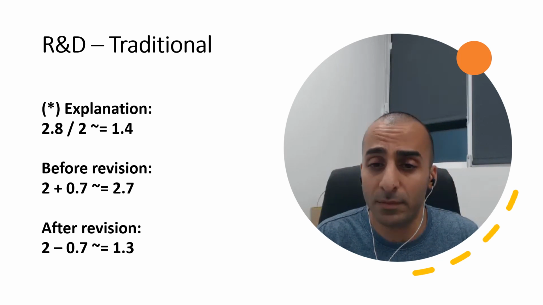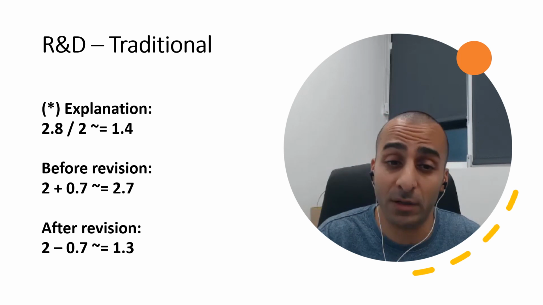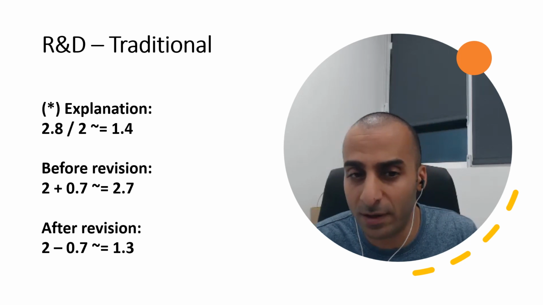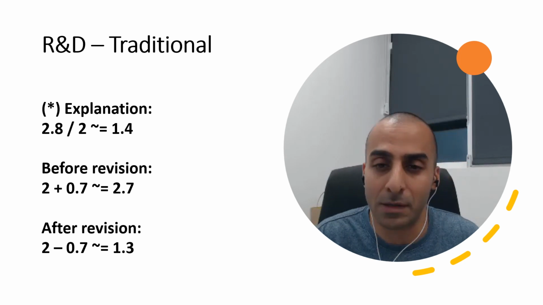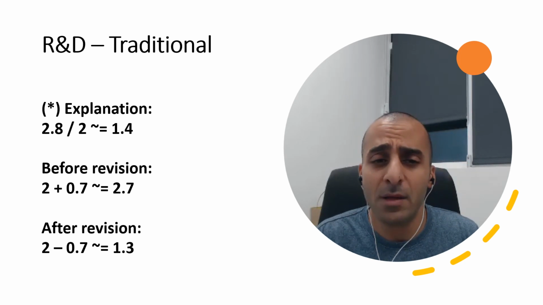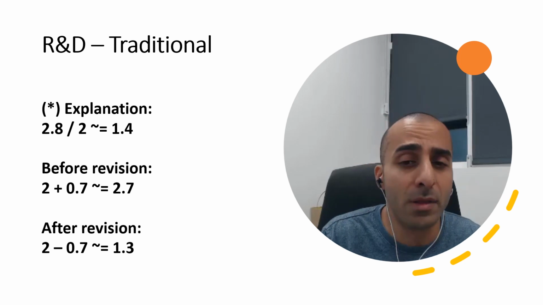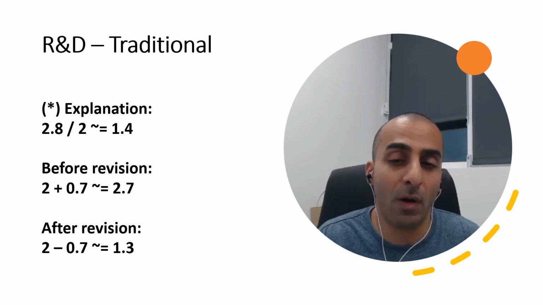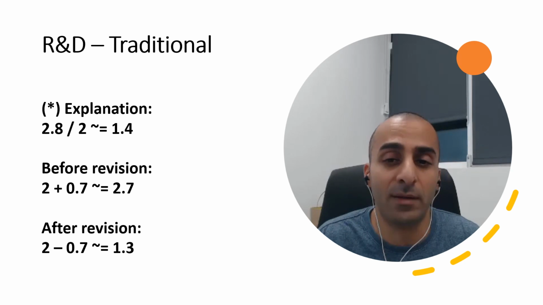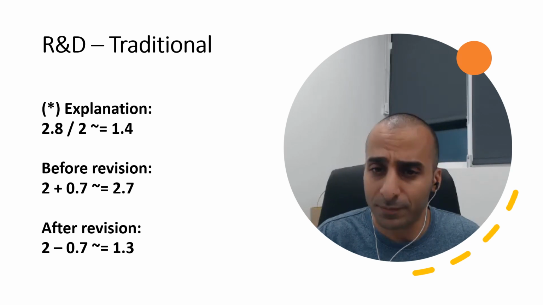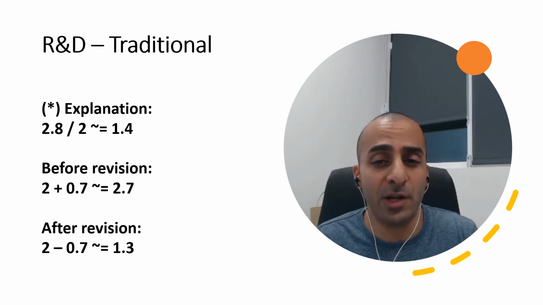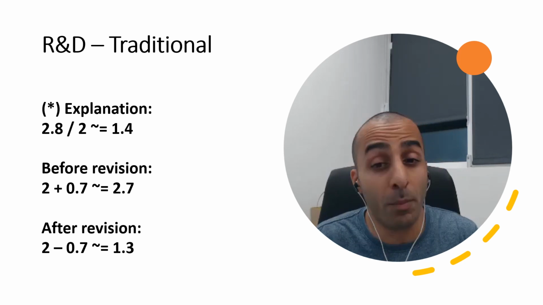So let's say before the revision, 2 plus 0.7, it is roughly 2.7, and after the revision, it is 1.3. So you're either above by 0.7 or below by 0.7. This is the minimal distance you can be from the 2-year mark. Every other change that you make will be suboptimal.